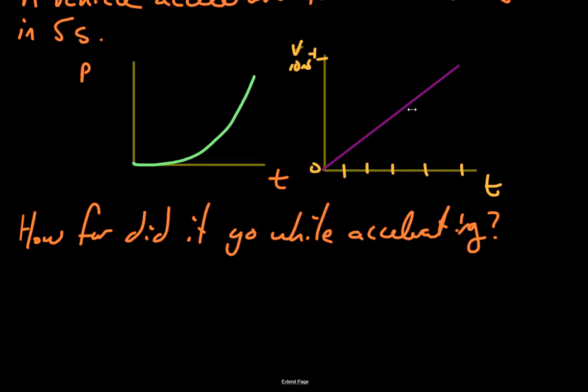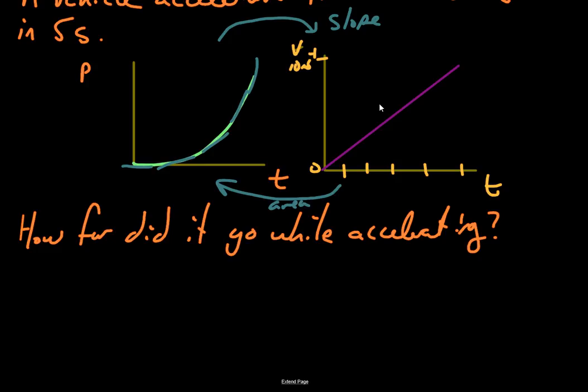So if we look here, we remind ourselves that the velocity time graph is found as the slope of the position time graph. That's looking at all those tangents as we go and then graphing them on this. And that area finds this.